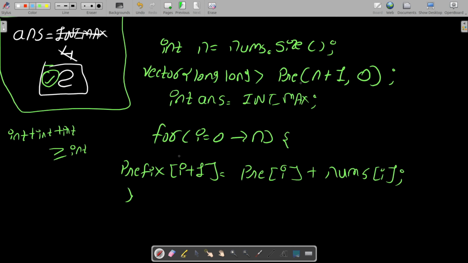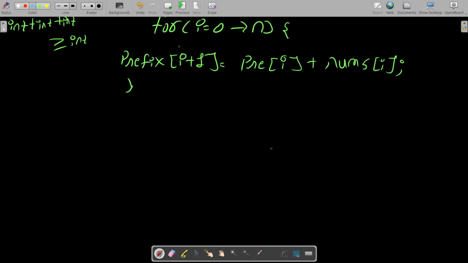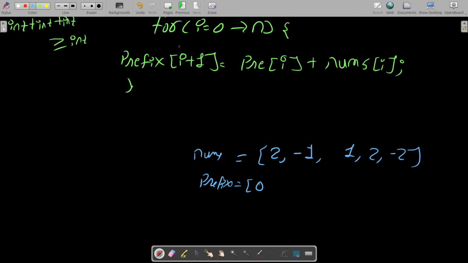Prefix of i plus 1. Did you remember our array was like this: 2, minus 1, 1, 2 and minus 2, and we are taking prefix sum as 0, then 2, then 1. So where did this 2 come from? It is at index first, right?